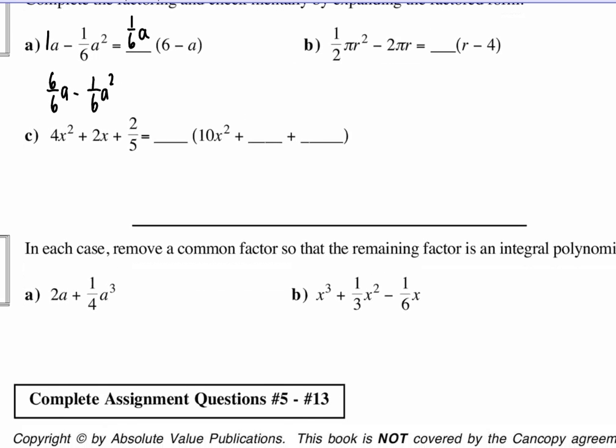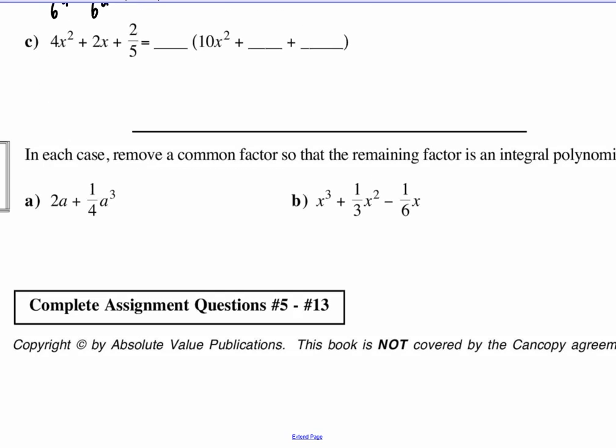Let's do it ourselves. Let's go down to this last question, then we're done. So how do I make this a common denominator? So this is 2 over 1, so we're going to make it instead as 8 over 4a plus 1 over 4a cubed. What can we factor out of the numerator? 8 and 1, so just 1, and then over 4.